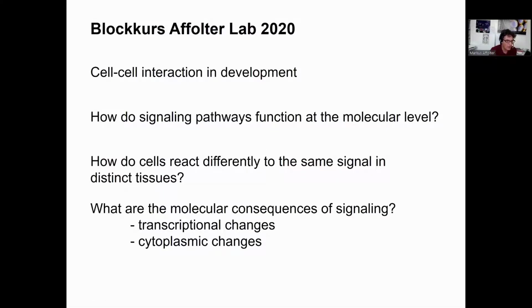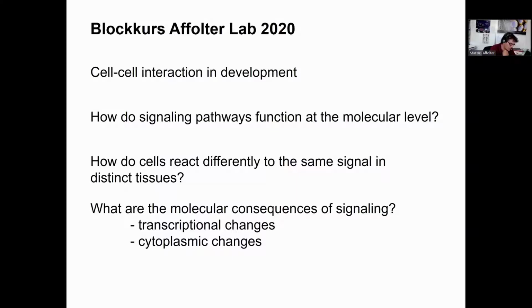What are the molecular consequences of signaling? If you consider a cell, which is the basic unit of life, what can a signaling molecule do? Once it reaches the cell surface and maybe its receptors, it can change phosphorylation states, it can change localization in the cytoplasm, or it can change transcription.